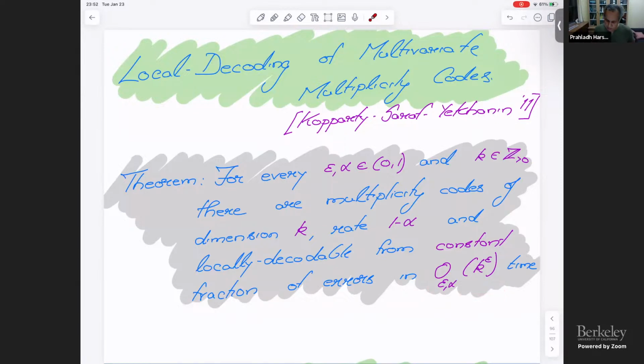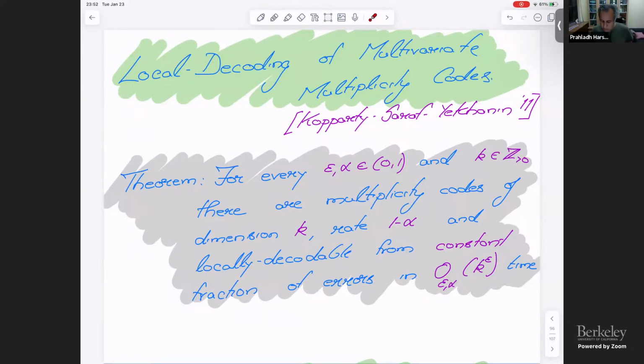So the improvement over Reed-Muller comes in the fact that they can handle rate going arbitrarily close to 1. You tell me how close to 1 you want the rate to be and how sublinear you want it to be, and I will give you a multivariate multiplicity code which is locally decodable in that sublinear time and with rate 1 minus alpha.